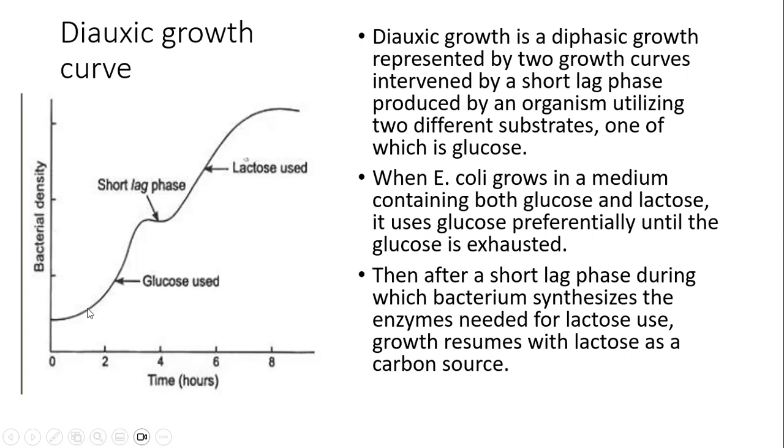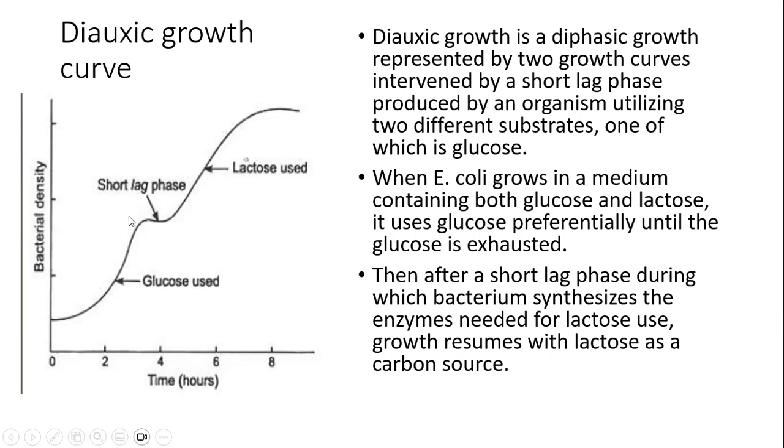During the log phase, you can see there is exponential growth because the enzymes are synthesized and the bacteria are just multiplying. But when the glucose is exhausted, the microorganisms will take a pause and sense what other nutrient is now available. Through a regulatory mechanism, they can sense the presence of the other sugar, for example, lactose.